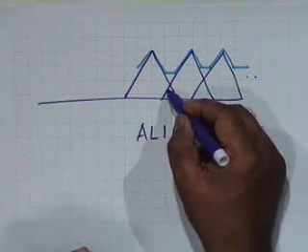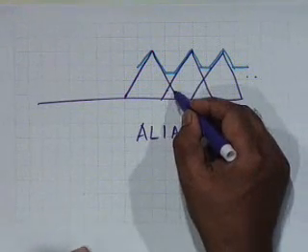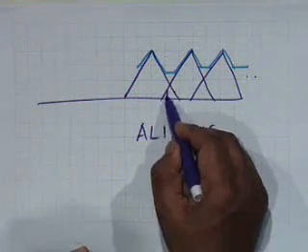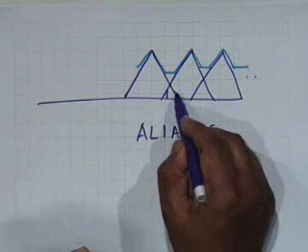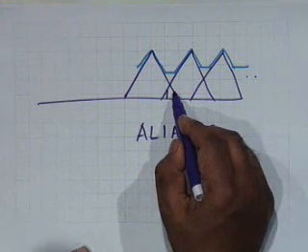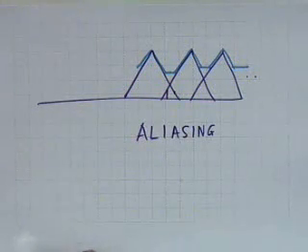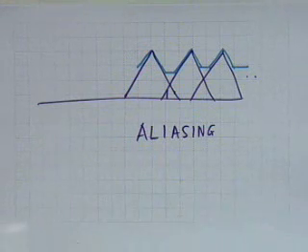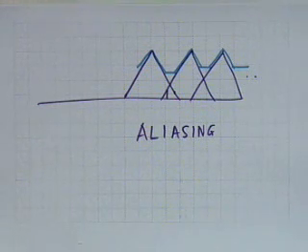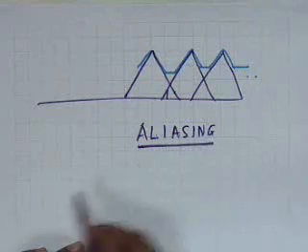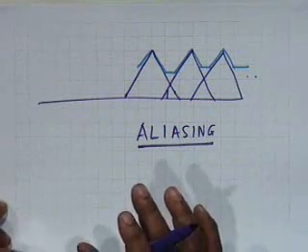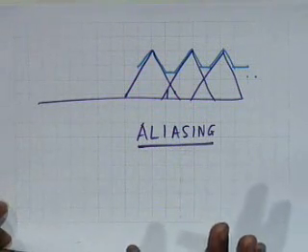At this frequency, for example, it's actually a higher frequency, it should have come here, but it is posing as a low frequency, and low frequencies pose as high frequencies, and this is the source of distortion called aliasing. And once aliasing occurs, you can do nothing about it. The sampling has gone in vain. You cannot recover the signal.